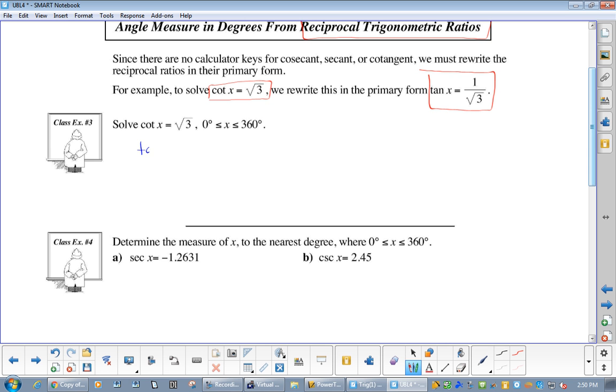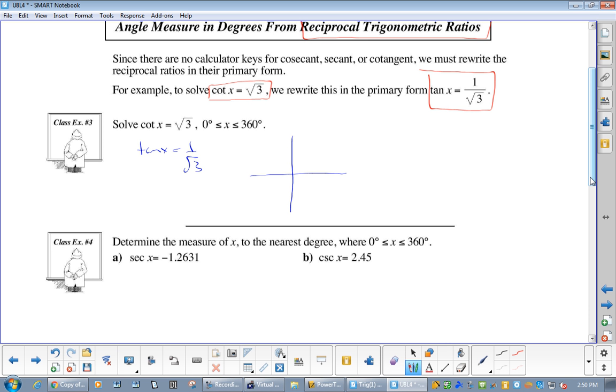So you're going to do this one step first, 1 over root 3. So, and then now you're back to doing them the same. First thing I need to do is find out when. It can't be in final answers. Okay? It can be working with it though.